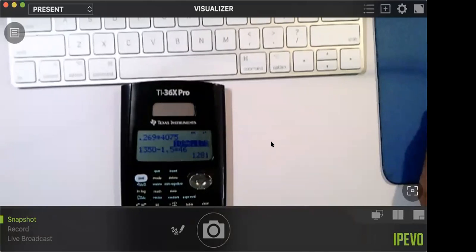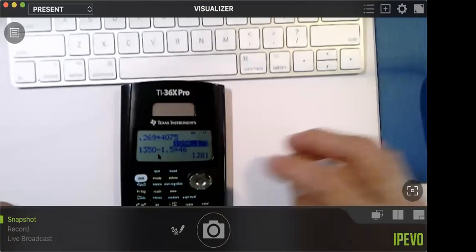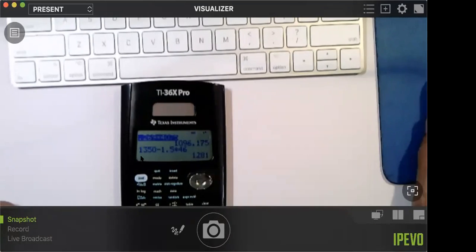Okay, and here's our calculation right on the calculator. 1,350 minus the slope 1.5 times the predictor variable of 46, and that gives us a value of 1281. Okay, so there you see the calculation done right on your calculator.